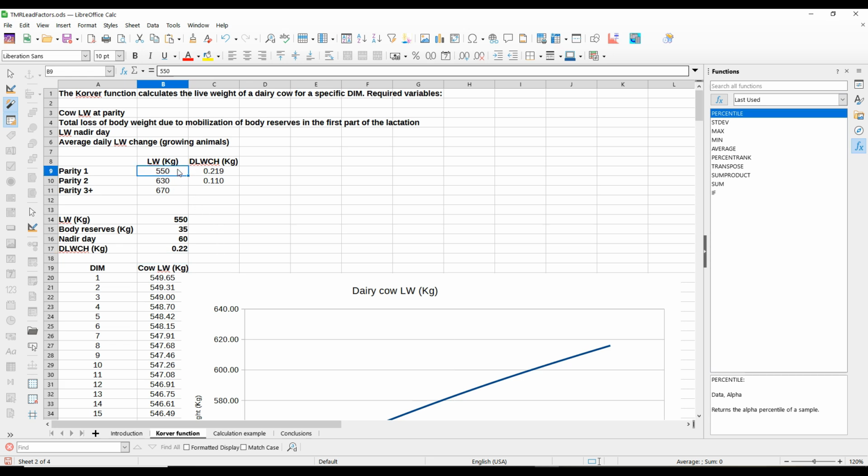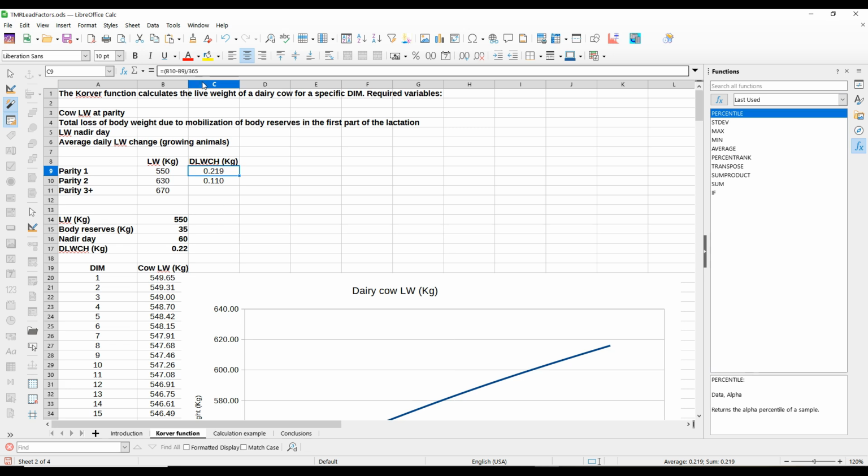For example, if the weight at calving of our first lactation cows is 550 kilograms, and the same weight for the second lactation cows is 630 kilograms, we can calculate the average daily live weight change for growth.